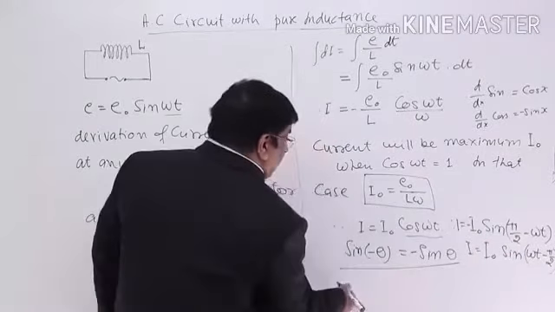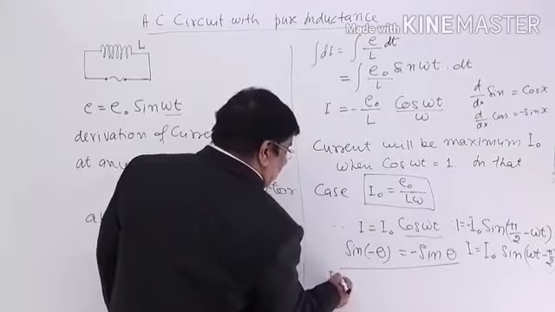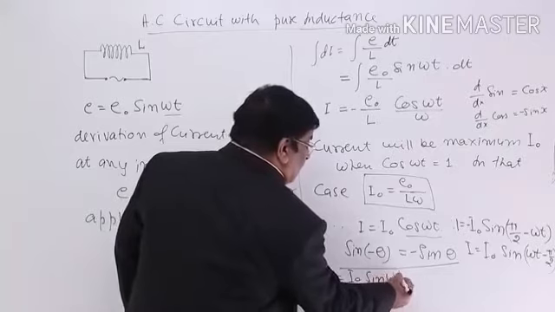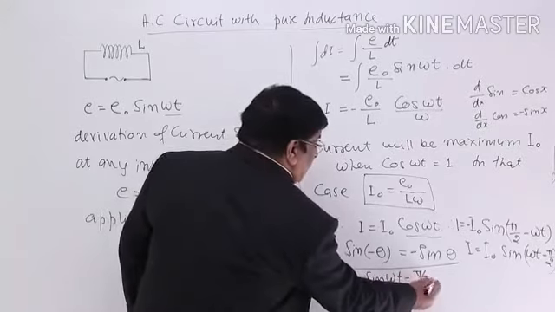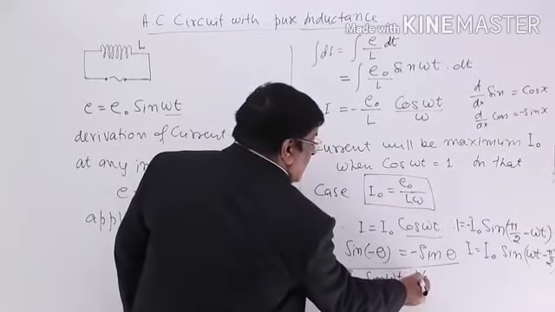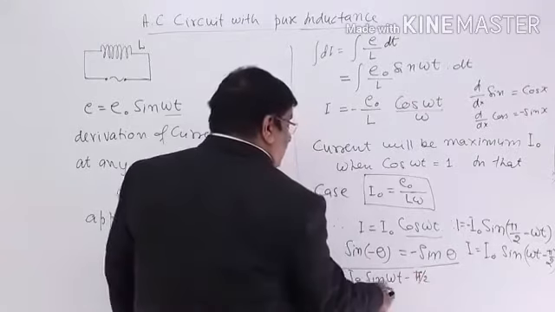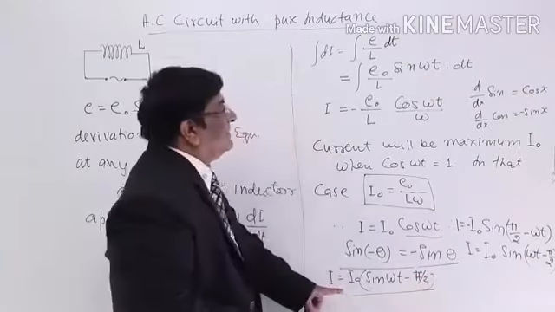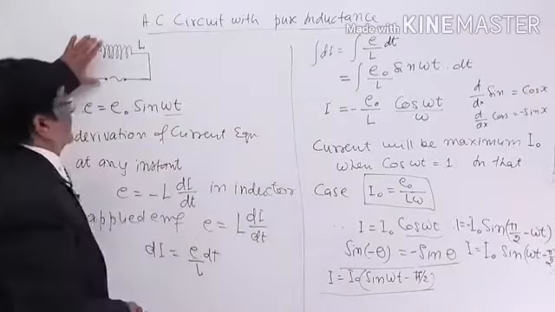So this is our equation: I is equal to I naught sin of omega t minus pi by 2. This is the equation of current in the case of an inductor.